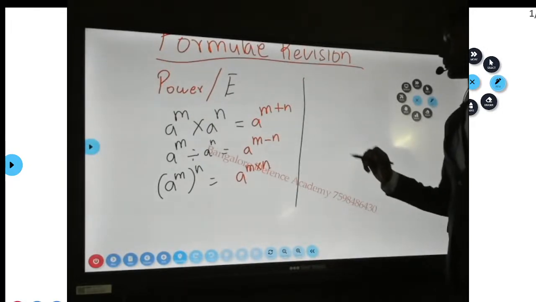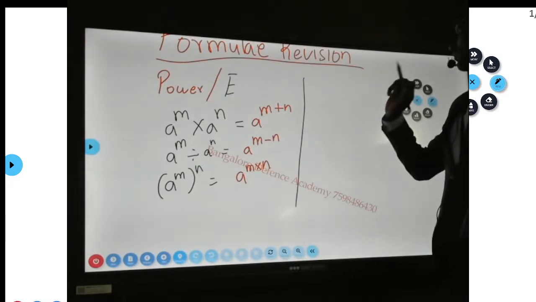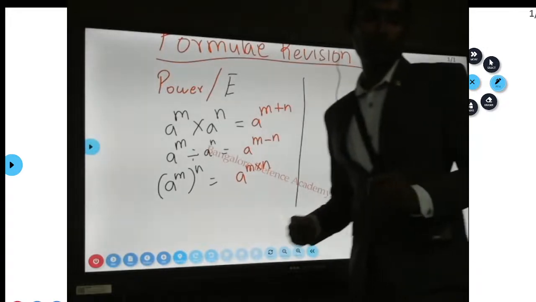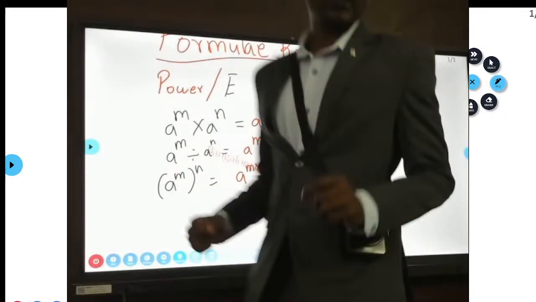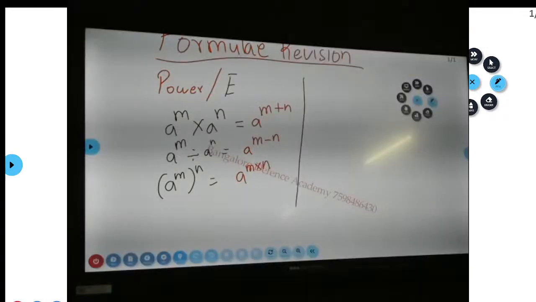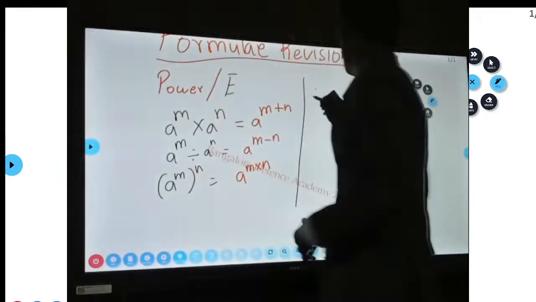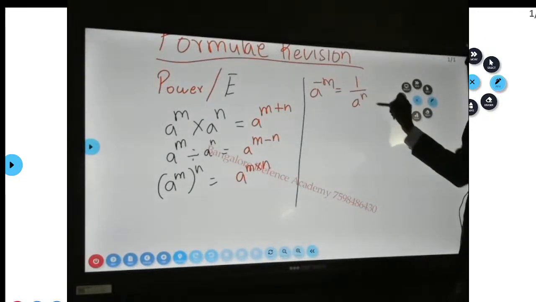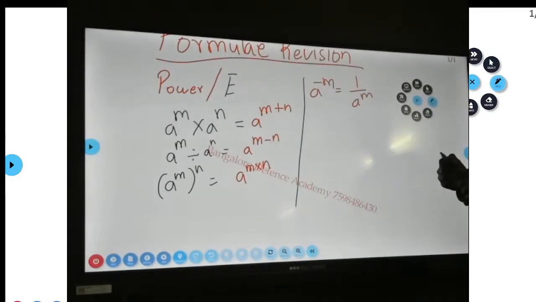Next, a to the power of minus m is equal to 1 by a to the power of m. Okay, next.